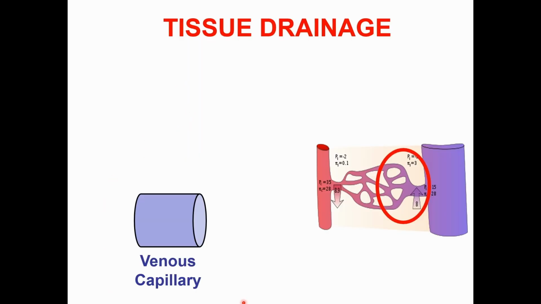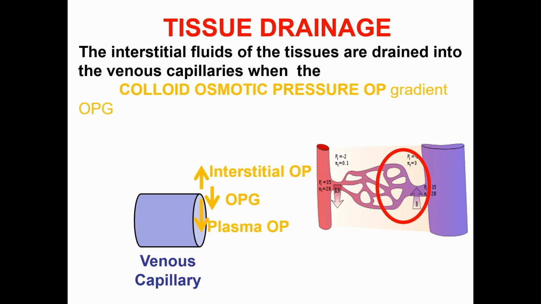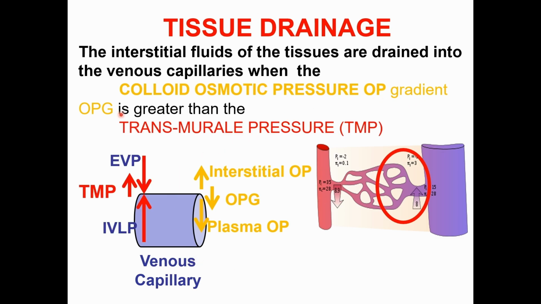Tissue drainage at the venous capillaries. The interstitial fluids of the tissues are drained into the venous capillaries when the colloid osmotic pressure gradient is greater than the transmural pressure TMP.